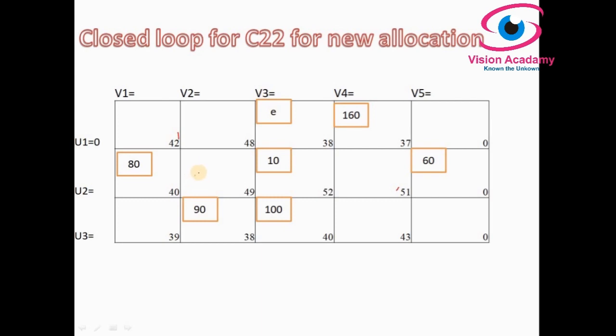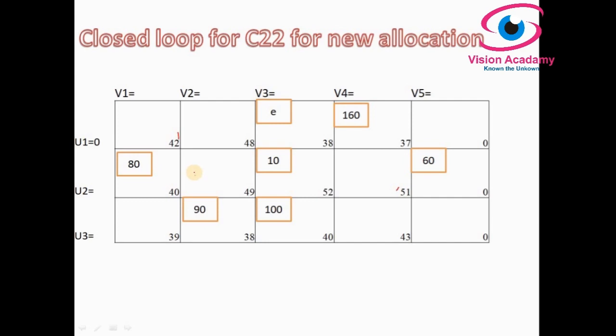As you know already, to form a loop we must take a diversion where the allocation cells are available, and we have to take only horizontal and vertical directions. After forming a loop, we should assign plus and minus signs. We begin with a plus sign. Where you started, there you should assign a plus sign.